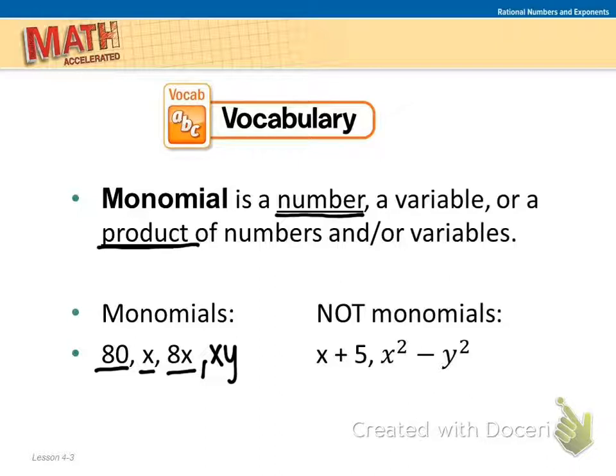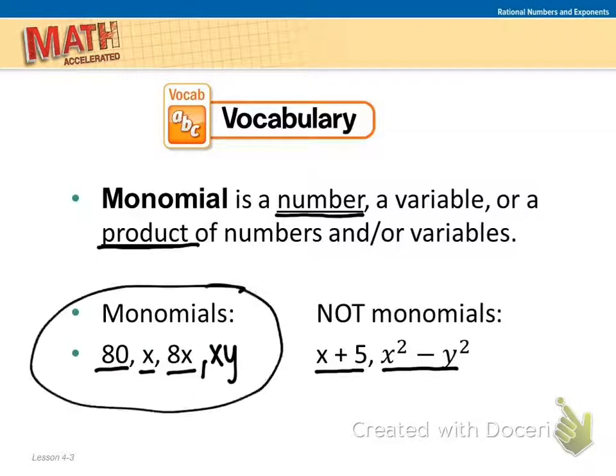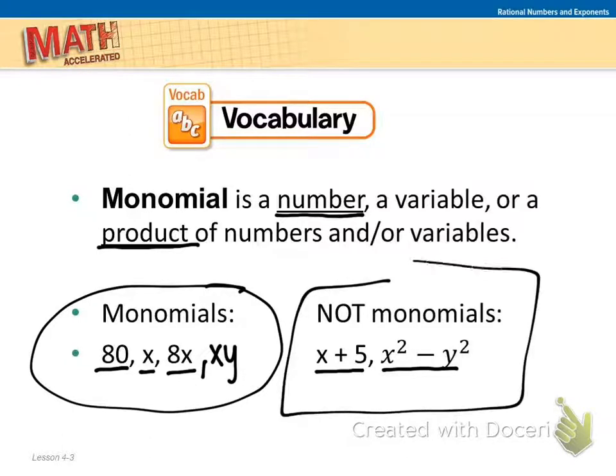Okay. So I also gave you some examples of what are not monomials. Somebody tell me why both of these look like they aren't. What's different about those than these? All right, Jack. Well, they aren't multiplication. Yeah, they're not multiplying. They're doing what, Ethan? Adding and subtracting, right?